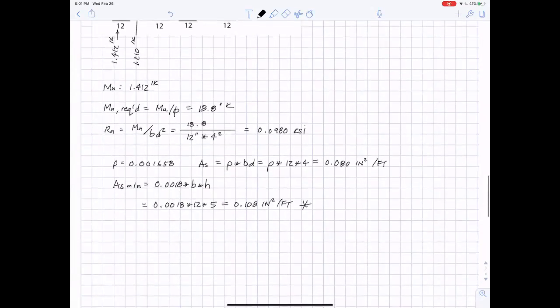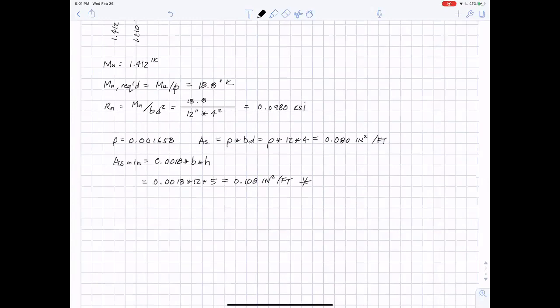So we need to go to the chart to find 0.108 square inches per foot. But I just happen to know, I've got this memorized sadly, a number 3 bar is 0.11 square inches. And in this case, we will put 1 bar every foot.